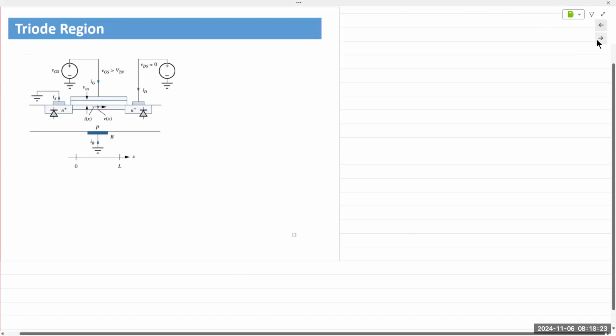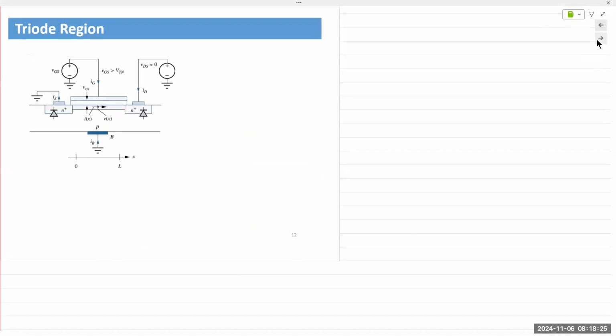And once a channel exists, there is a pathway for the electrons to move between the drain and the source. So the channel is a bridge that connects the two N plus regions. And now at this point, if you apply an external voltage between the drain and the source, shown right here, VDS, electrons will drift in response to that external applied voltage.